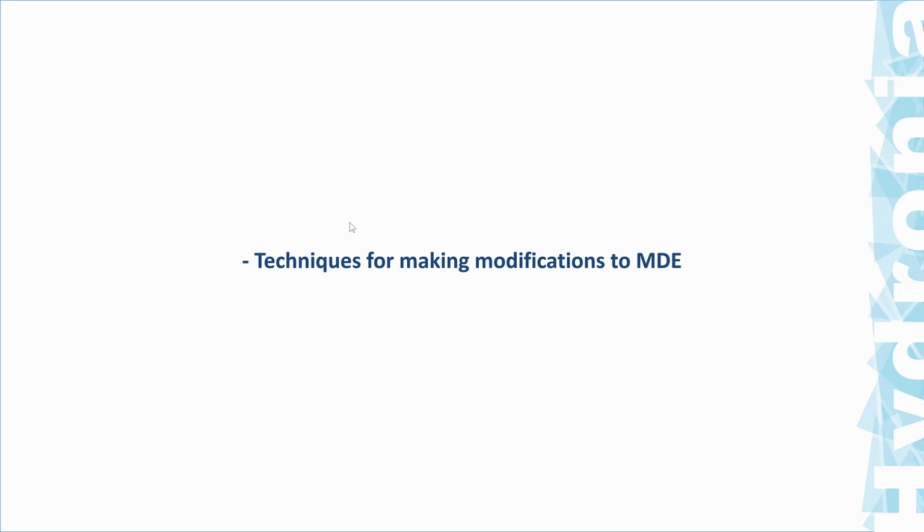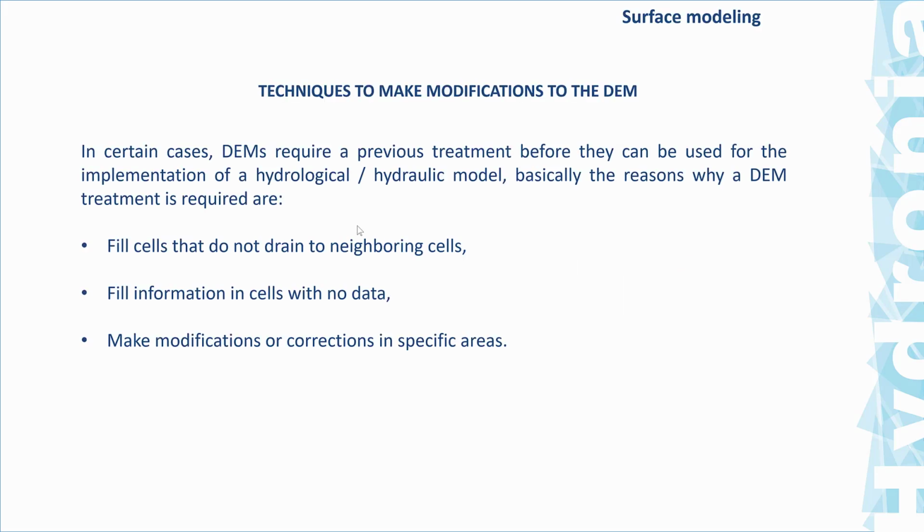Then the last part of the presentation today is about techniques for making modifications to digital elevation models. We will have exercises where we will use different techniques, but in many cases we need to modify the raw data that we get for different reasons.